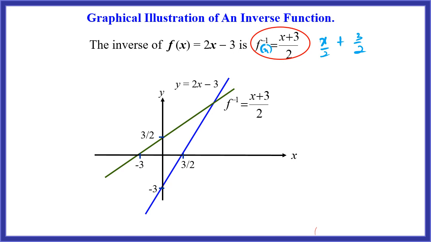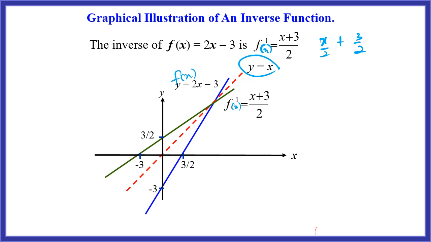Notice that these two graphs are crossing each other and are actually reflections across the line y equals x. The x for fx is the y for f inverse x, and the x for f inverse x is the y of fx.